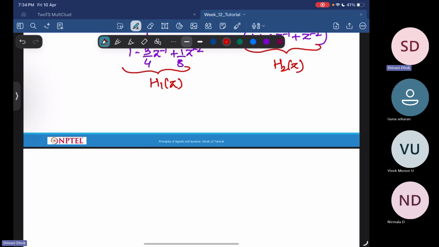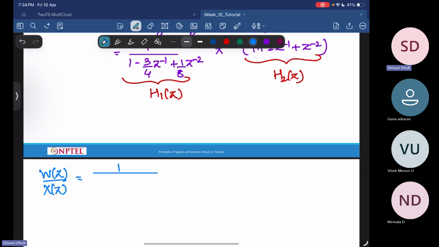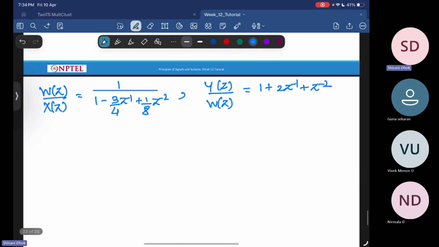Now I'll just write it down. I have W of z upon X of z as 1 upon 1 minus 3 by 4 z inverse plus 1 by 8 z to the power minus 2, and you have Y of z upon W of z as 1 plus 2z inverse plus z to the power minus 2.